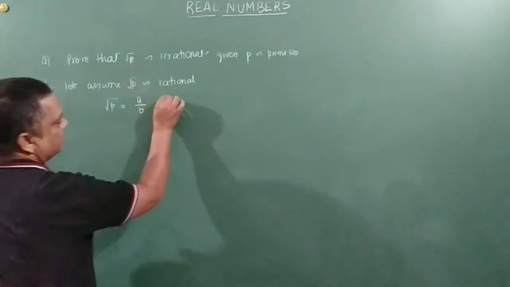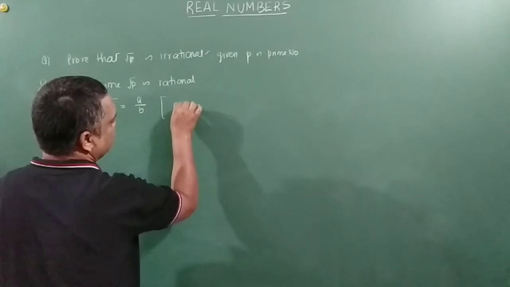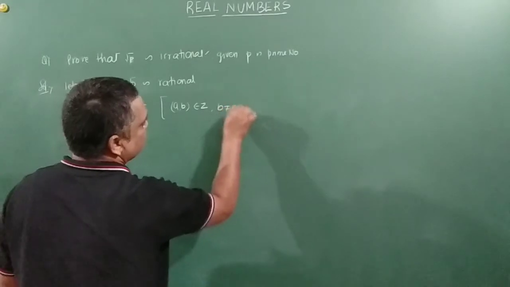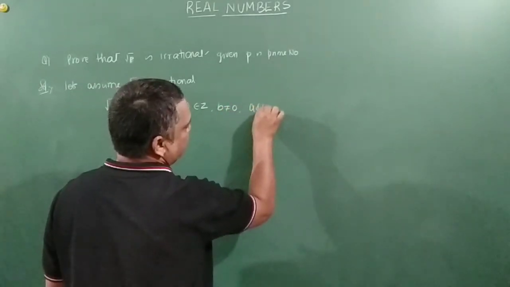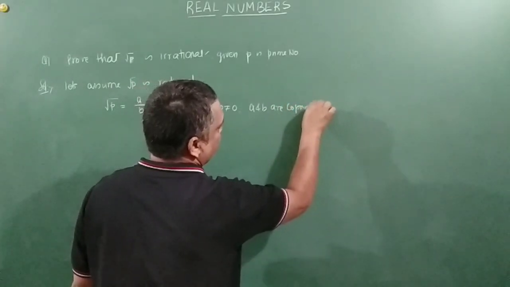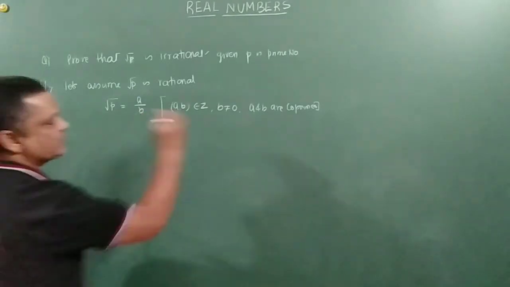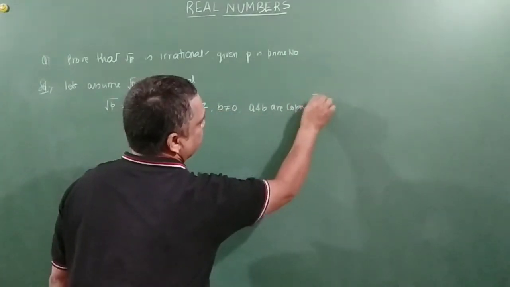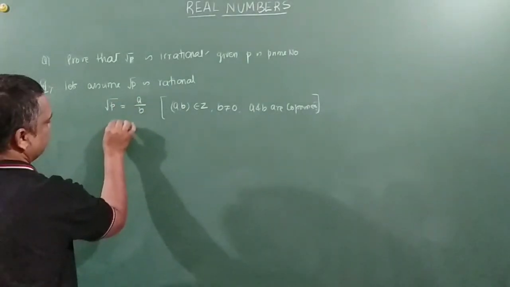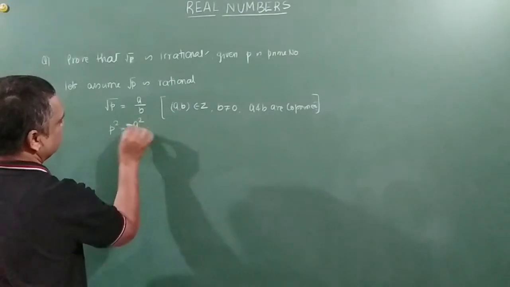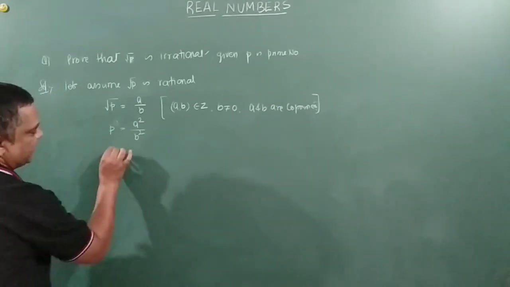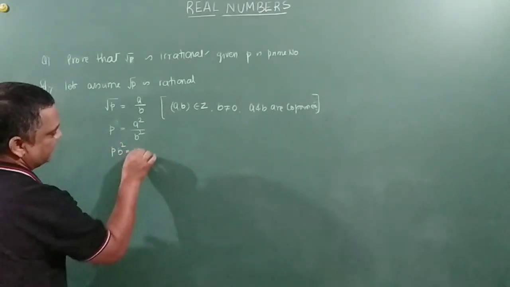Where A and B belong to integers, B is not equal to 0, and A and B are co-primes. Got it? You must and should write these comments, these conditions, right? Okay. So squaring both the sides. I'm not writing it, friends. So this becomes only P, and this becomes A square by B square. Correct? So this we can write as P into B square is equal to A square.